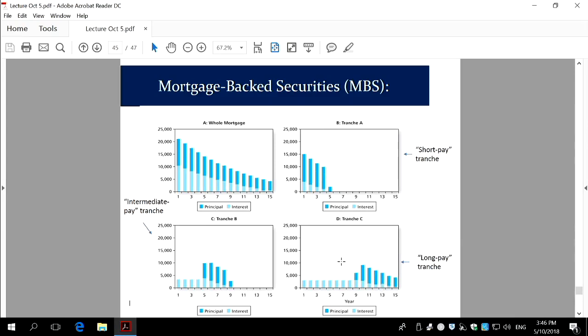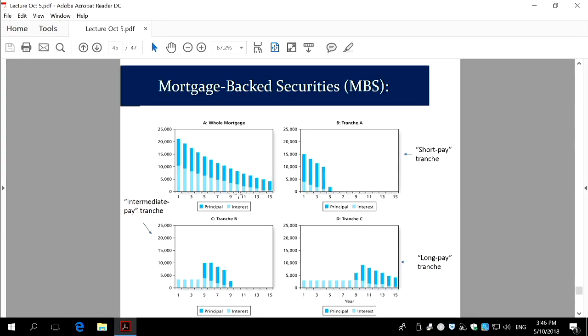So by this very simple way of doing financial engineering, the starting point is the same mortgage. But because of this financial engineering, investors with different investment horizons can buy the ideal securities they really want.